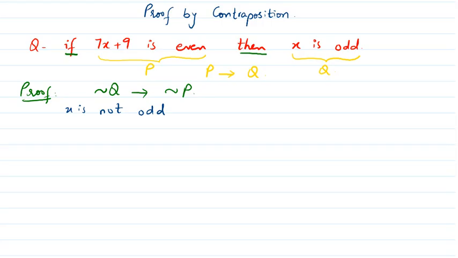So I may write here that 7x plus 9 is not even.